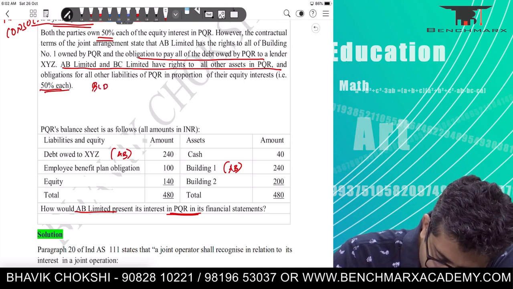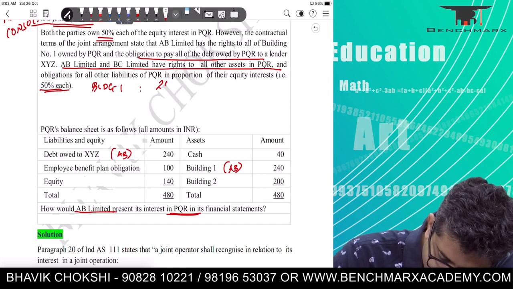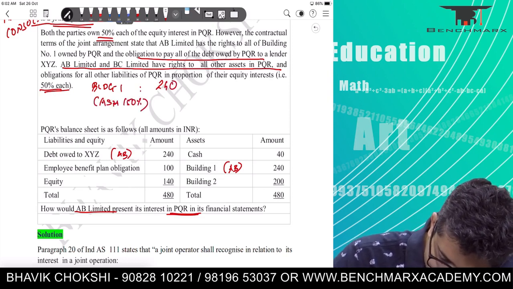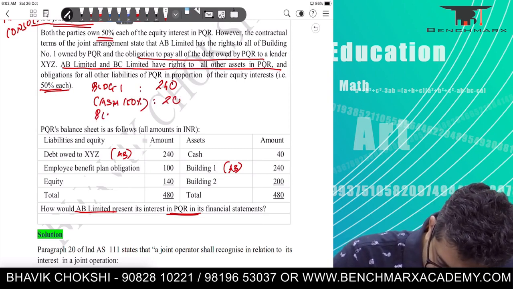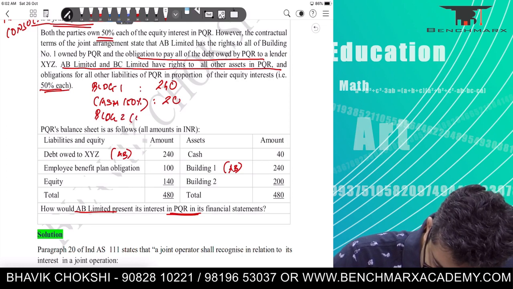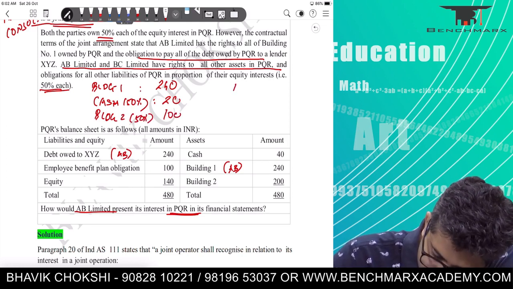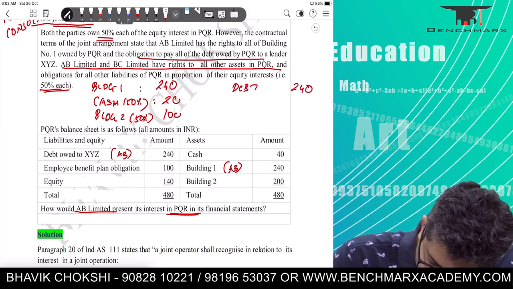So under building number 1, you're having the entire share and it's the entire 240. If you look at cash, we have a 50% share and hence we will record 20 worth of cash. Building number 2 also we have a 50% share and hence we will recognize to the extent of 100. The debt, we have the entire 100% share, so that is 240.